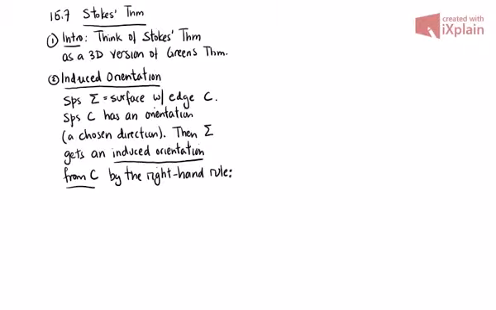To clarify, and then I'll draw some pictures, the right-hand rule in this case says if the fingers of your right hand follow C, then your thumb gives an orientation to sigma.